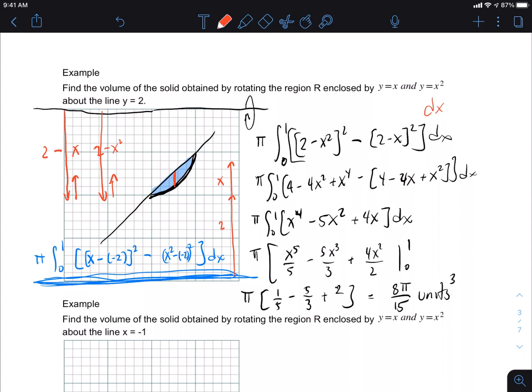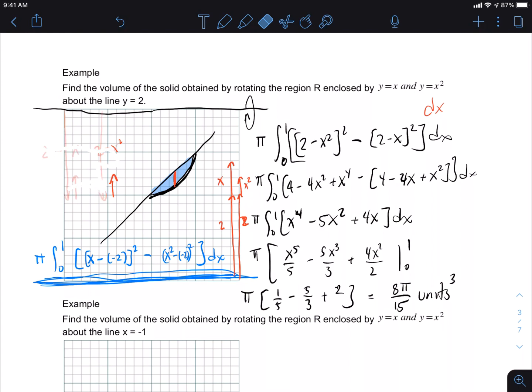The other one would be this, and then this little distance, this would be 2, and this would be x squared. So that would have to be x squared plus 2. Does that help you to see the radii? Yes. You sure?